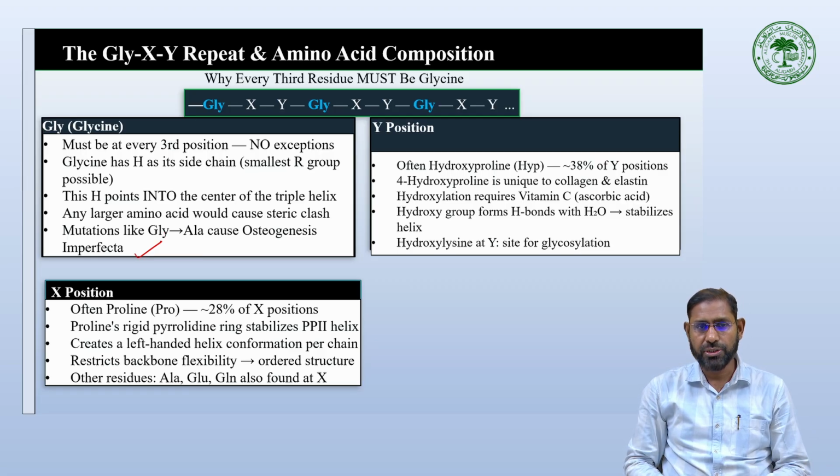Now the X position. Normally the X position is proline. Almost 28% of the X positions in collagen are occupied by proline, and proline's rigid pyrrolidine ring stabilizes the polyproline II helix and creates a left-handed helix conformation per chain.